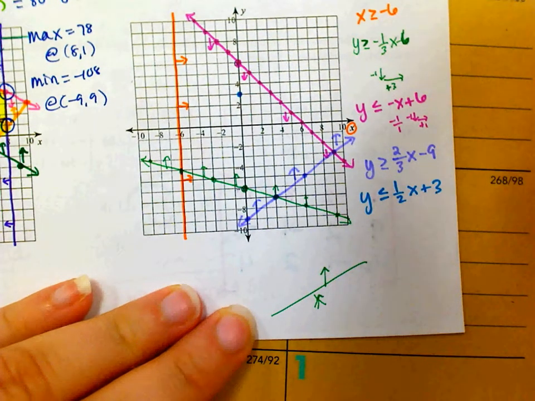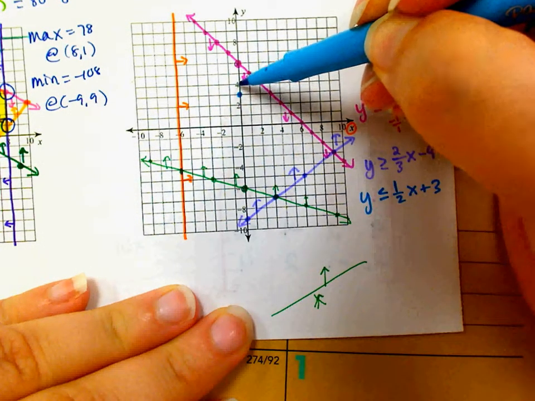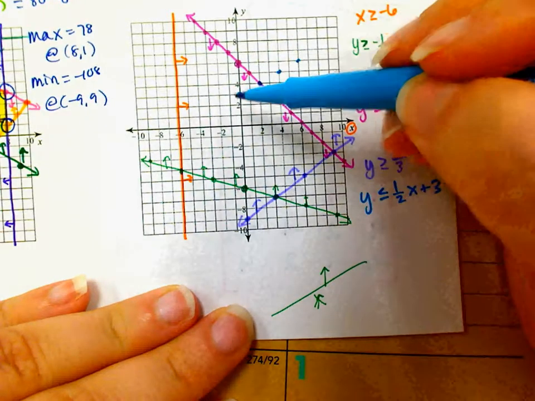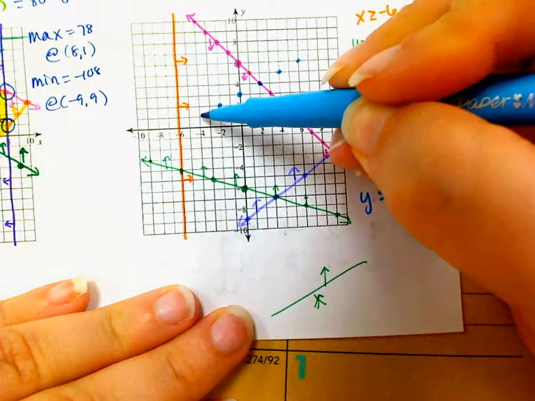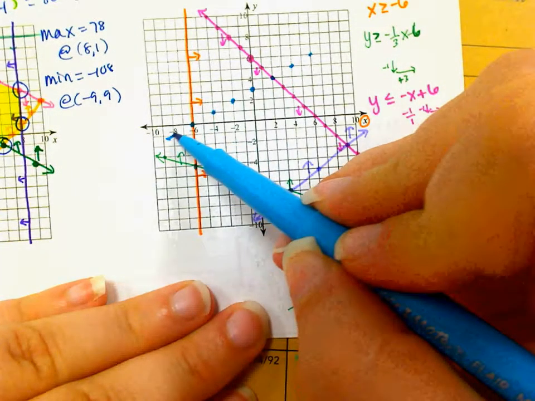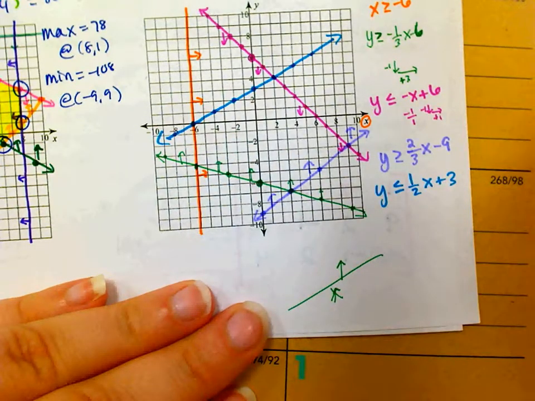So up 1 over 2. I'm not going to keep going in the direction, left 1, down 2. Greater than or less than? Which one? Less than? So does it make sense, the region that we're dealing with?